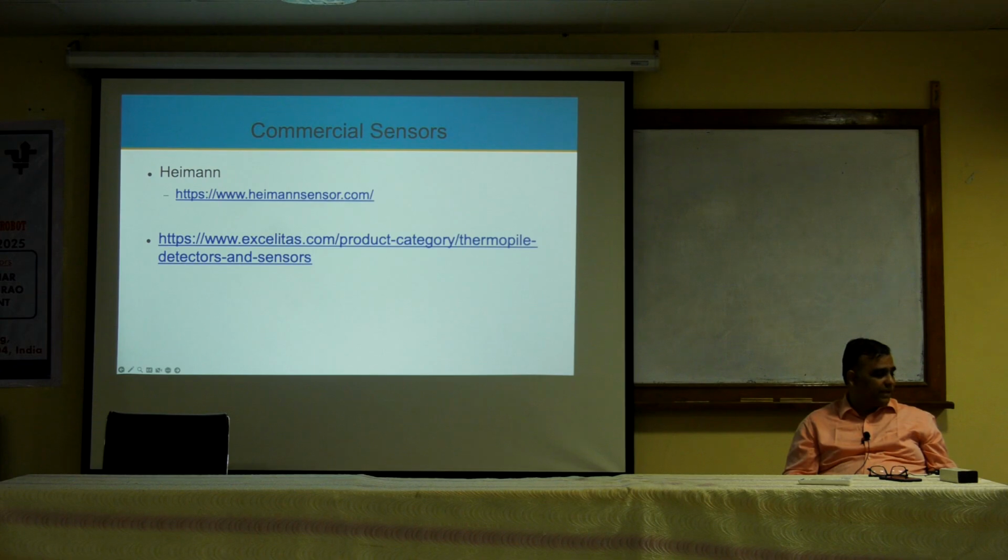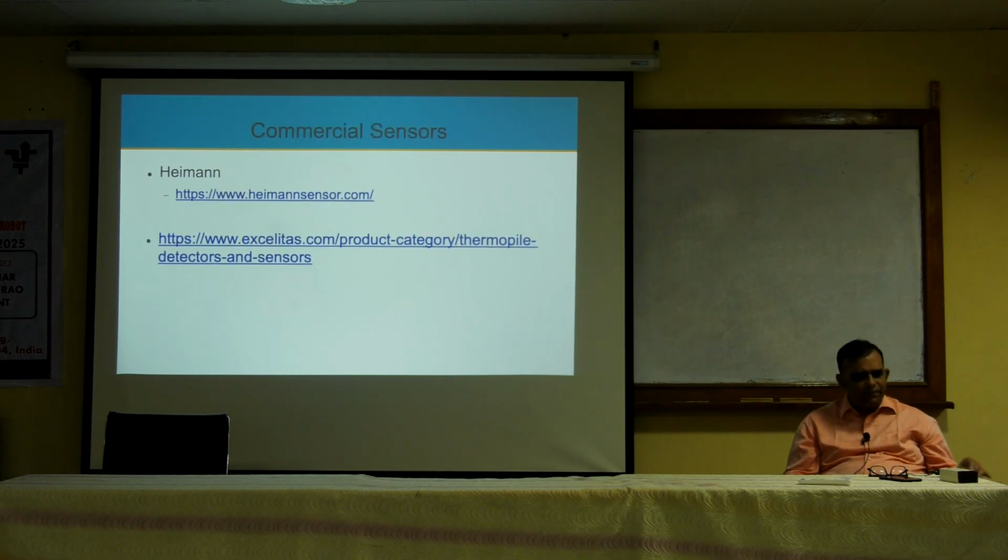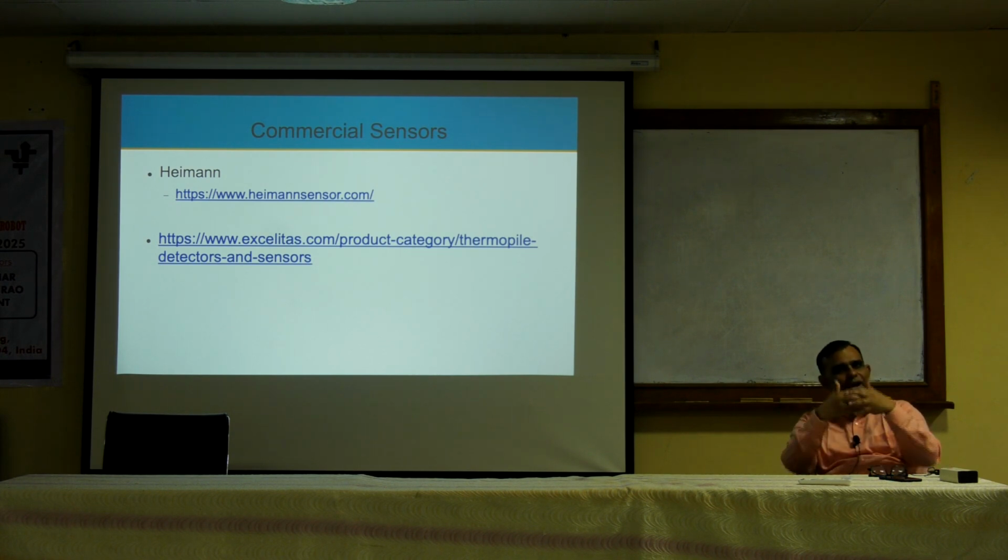So, you can go and have a look at these, and a lot of these are there in the market. The problem with these is twofold. One, you need to keep a junction cool, so you need to shield it somehow from incoming heat.